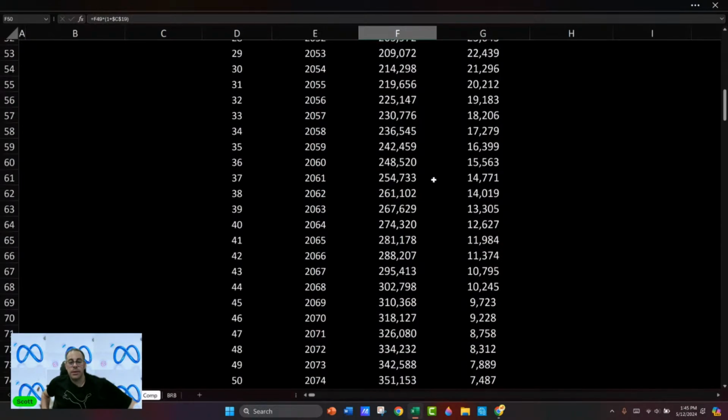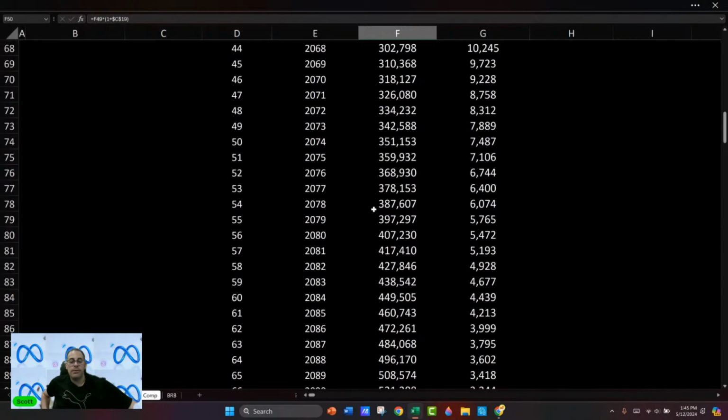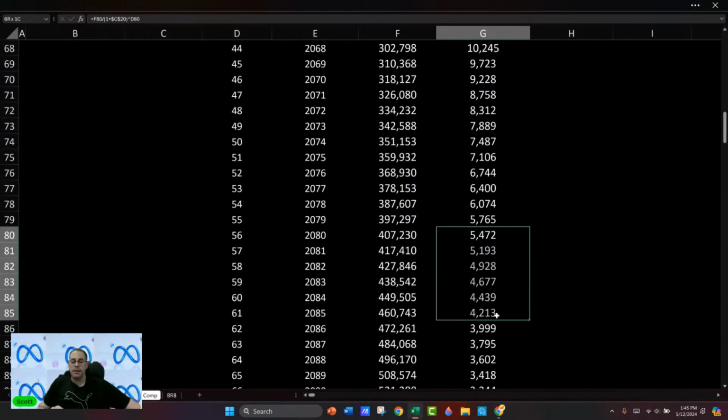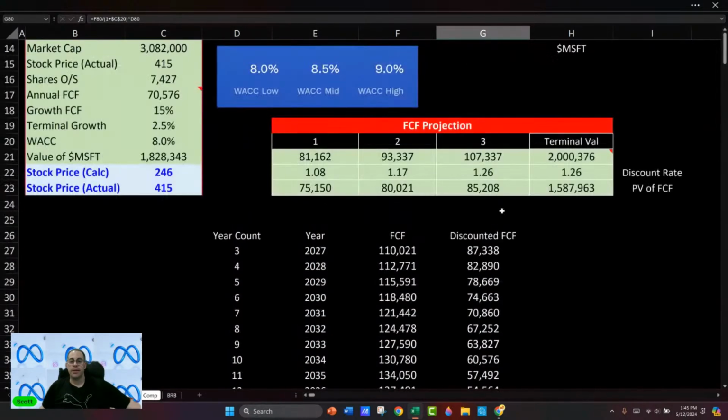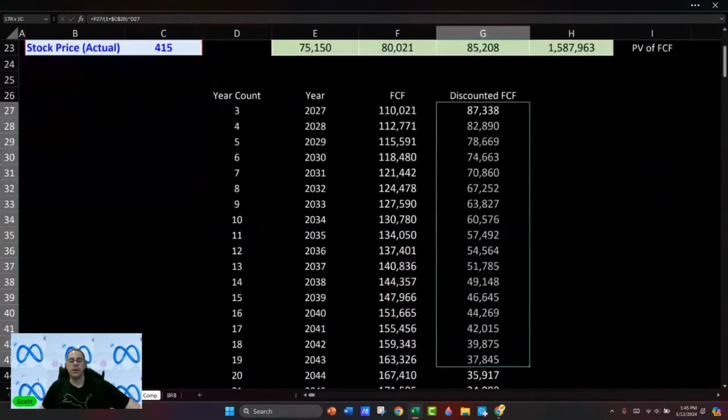So once you get it to a certain point, if you say Microsoft might not even be a business in 2080, the amount is so insignificant. Of this 2 trillion, this is mostly the first 20, 30 years.